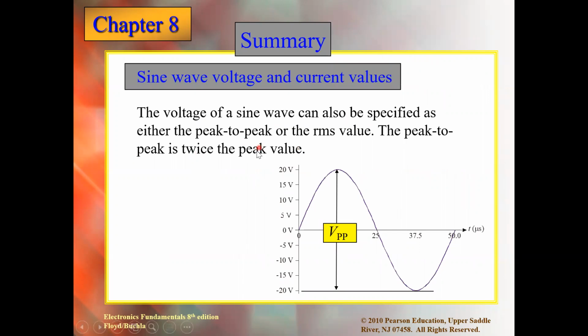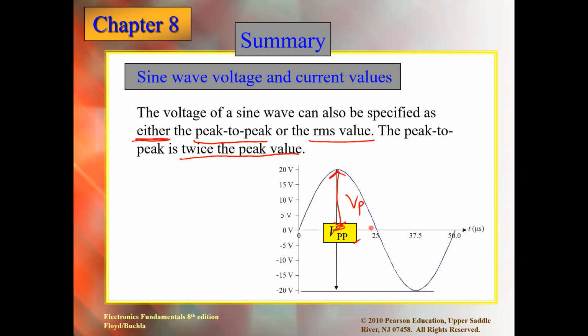Another term that comes here, guys, is called peak to peak. The voltage of a sine wave can be specified as either peak to peak or RMS value. The peak to peak is twice the peak value. We already discussed the peak value, from here to here, it is called VP.